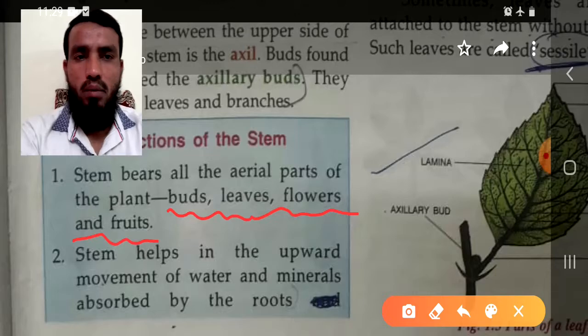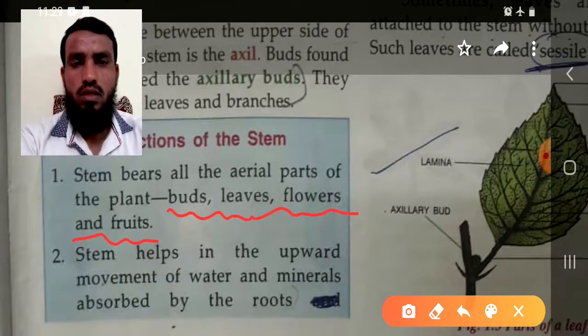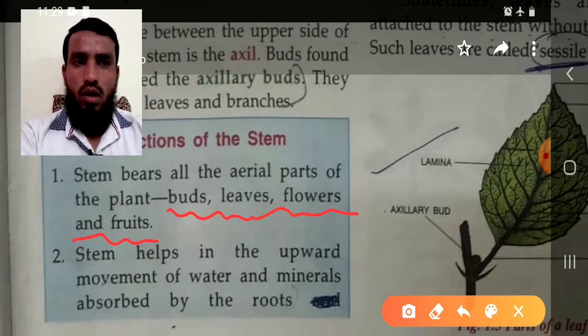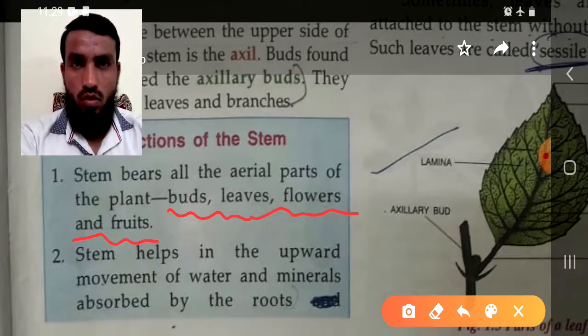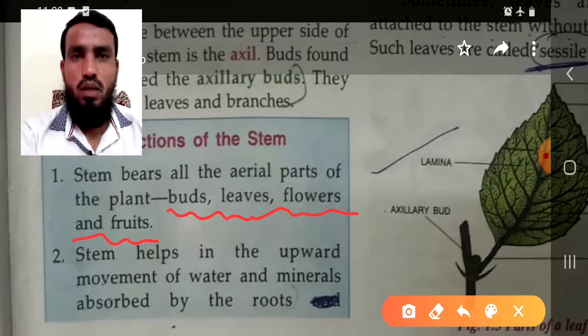Number two, stem helps in the upward movement of the water and minerals absorbed by the roots, right? Because water is needed in the leaf. As we have already seen, the leaf is called the food factory, because photosynthesis happens in the leaves, but the water is present underground. So the roots can take the water, but how can it reach up to the leaves?